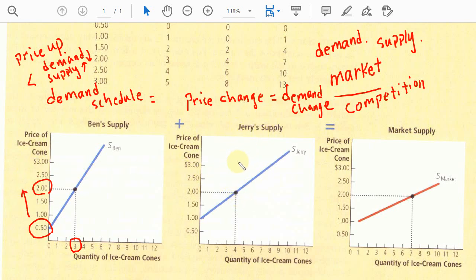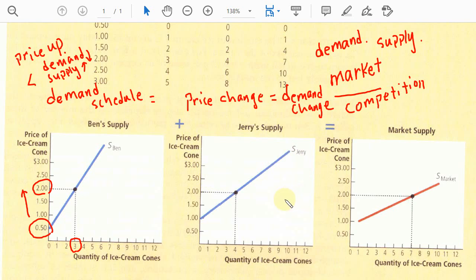Jerry's supply: as the price goes up, supply also goes up. So we can combine these two to see the market price, which shows a similar phenomenon when comparing Benny's supply and Jerry's supply.